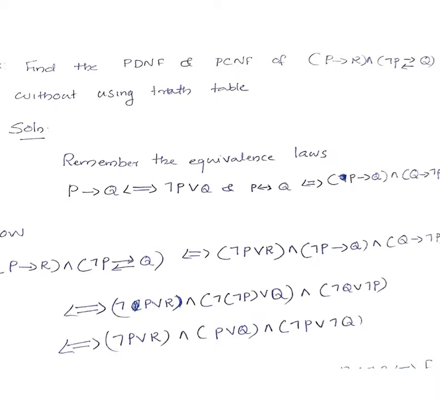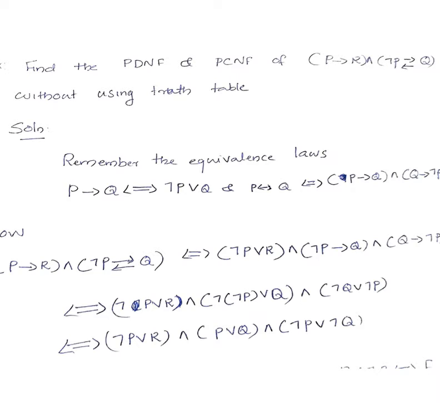Now let us start with our propositional statement: P conditional R and negation P biconditional Q. We use our conditional rule here: P conditional R equals negation P or R. For the biconditional, negation P biconditional Q becomes (negation P conditional Q) and (Q conditional negation P).